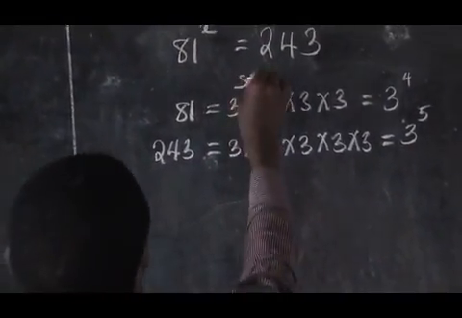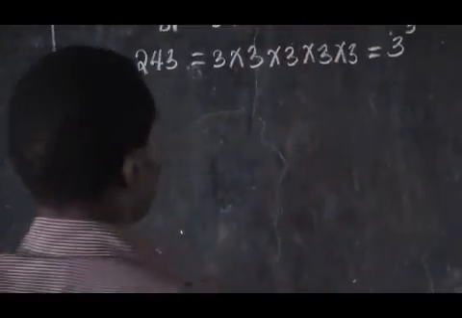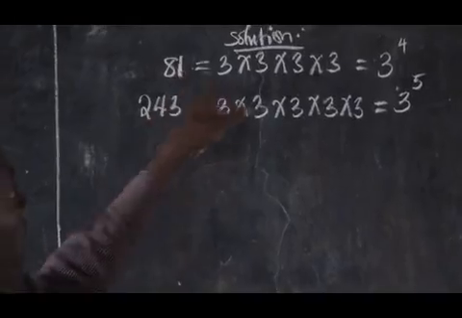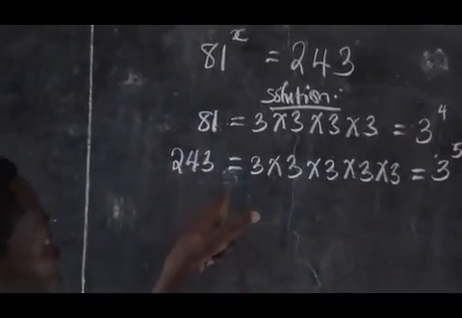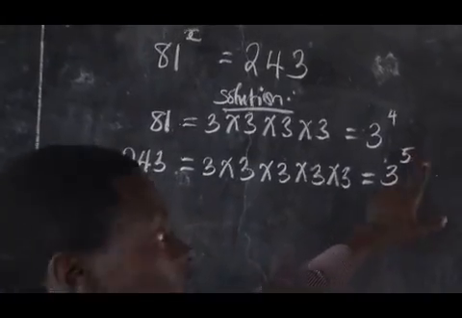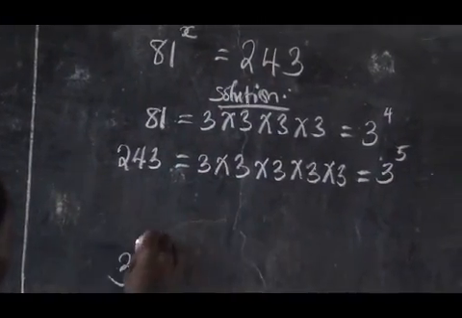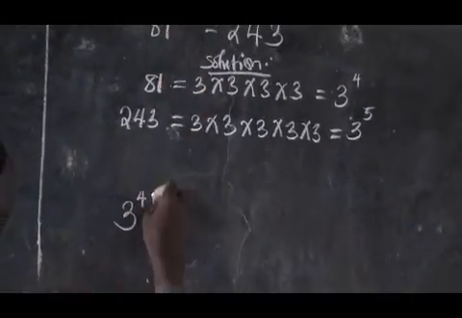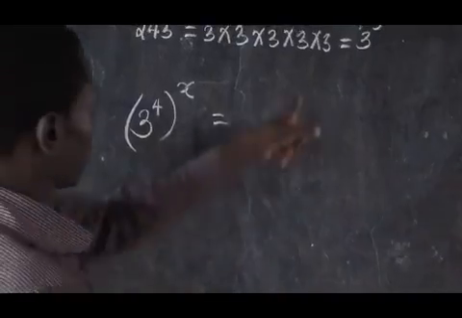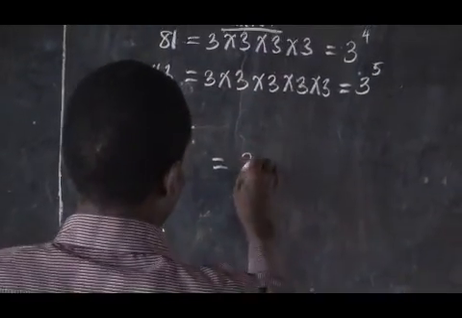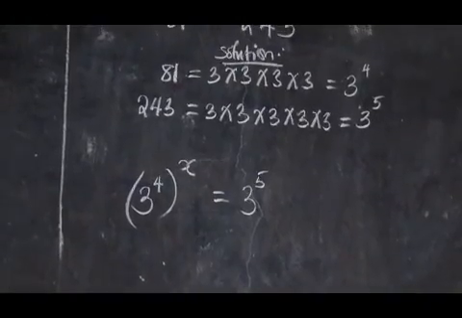So this is our solution. We have already started with the solution. So we are going to represent 81 as 3 power 4 and 243 as 3 power 5. So you're going to come out and say that 3 power 4 here, again power x, is going to be equal to 3 power 5, like that.